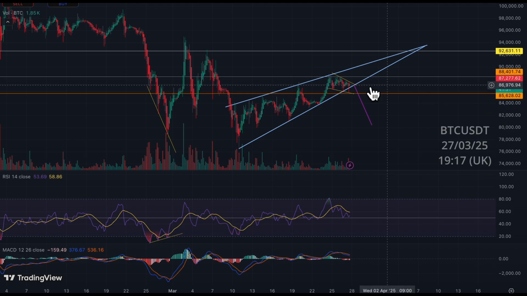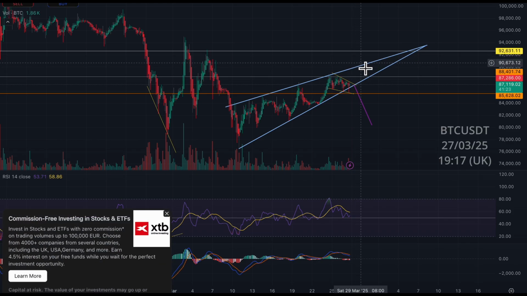Normally, if it plays the other way, going against its normal move, so if it's to exit and break above, you would normally see a large move heading that way.